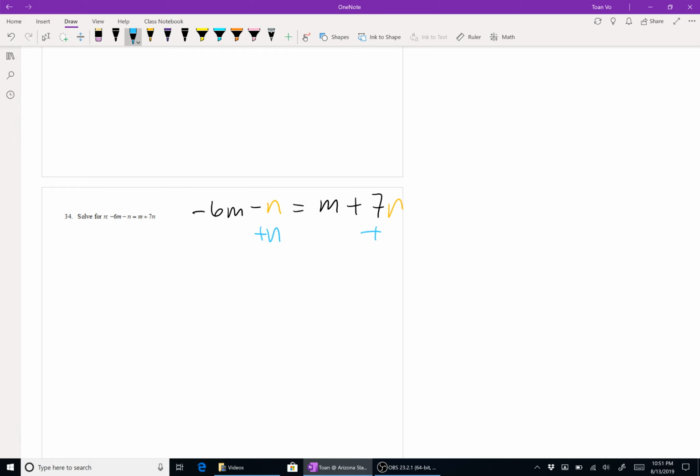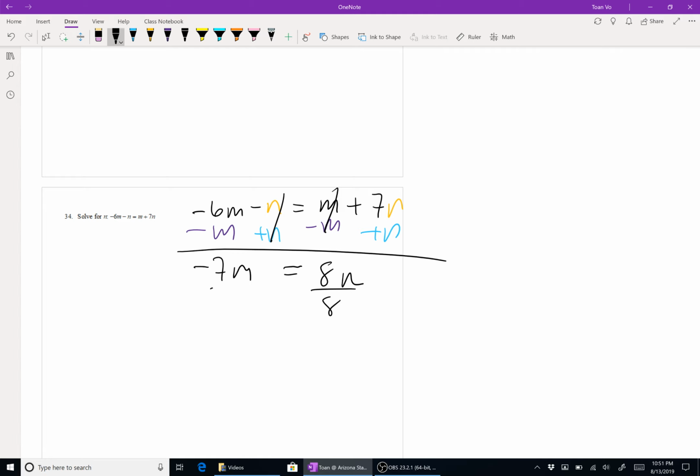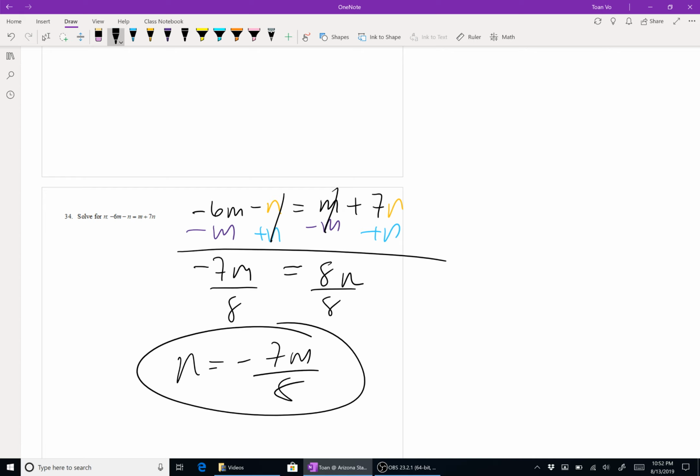So we're going to add n's to both sides, and hopefully at the same time we can subtract the m's. This gives us negative 7m, these guys are gone, equals, these guys are gone, 8n, so divide out the 8, n is negative 7m over 8.